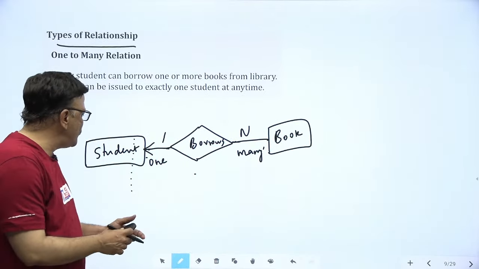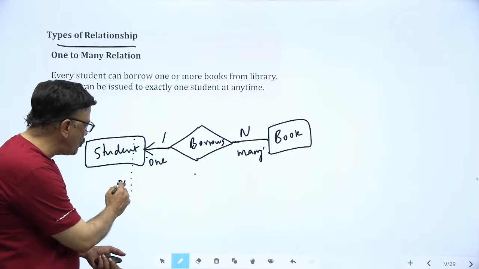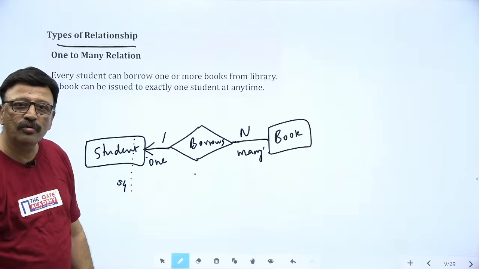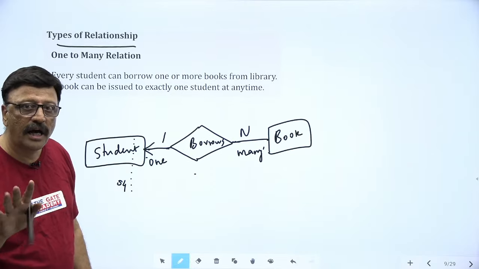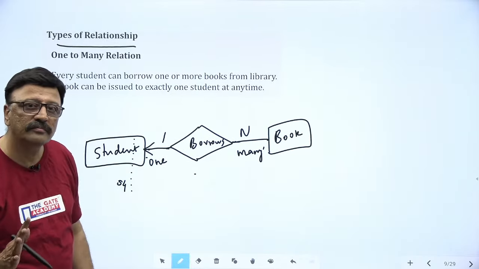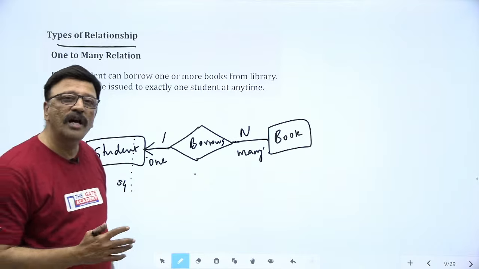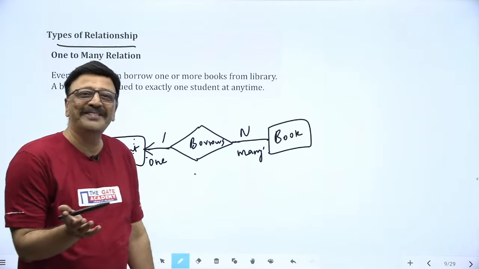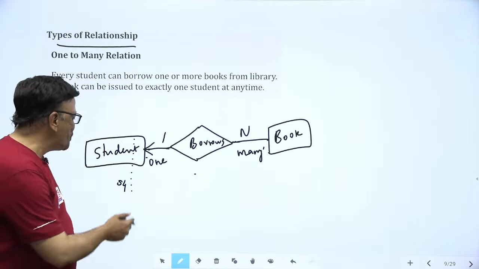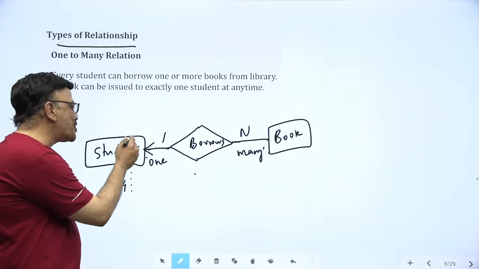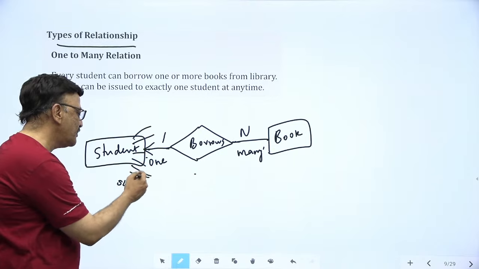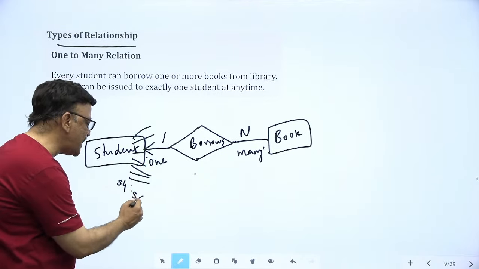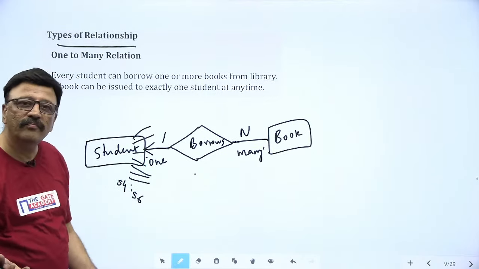What that means is there might be a student S4 in our institute who currently, check my words, has not borrowed any book. Maybe not gone to the library since when the admission was taken. But all these students have borrowed some book. There is another student S6 who has not borrowed any book.